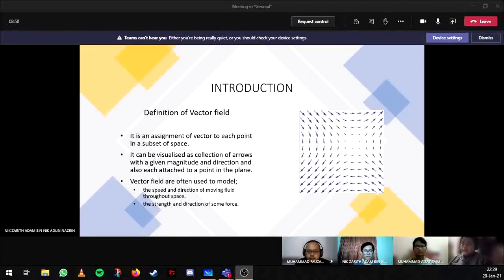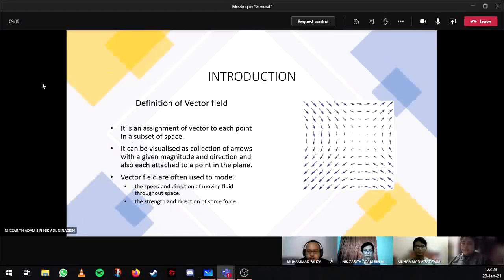Vector fields are often used to model, for example, the speed and direction of a moving fluid throughout space, or the strength and direction of some force, such as magnetic or gravitational force, as it changes from one point to another. That's for vector fields.